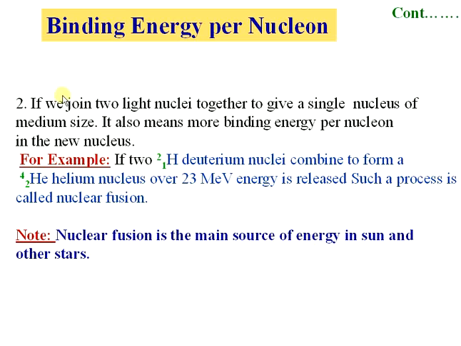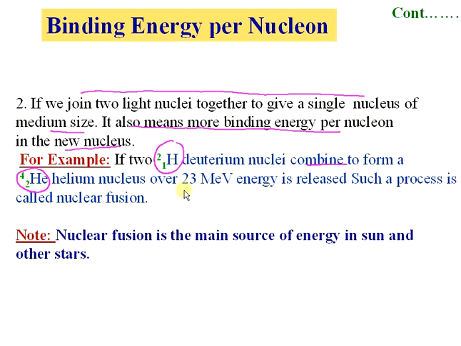The next point: if we join two light nuclei together to give a single nucleus of medium size, it also means more binding energy per nucleon in the new nucleus. For example, if two deuterium nuclei combine to form an alpha (helium) nucleus, over 23 MeV of energy is released.